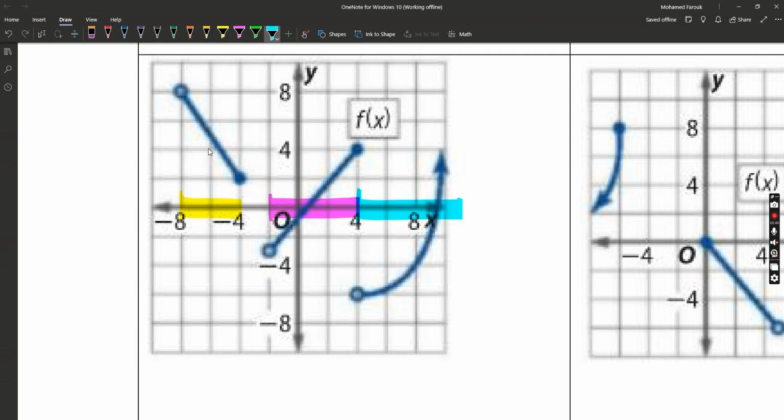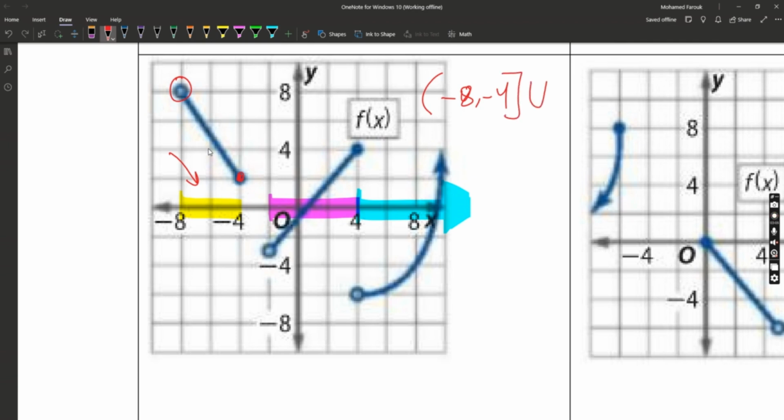If you have a slant arrow like this, it means it goes all of the way to infinity in the x direction and in the y direction. Okay, let's see how to write the domain. At first, we have this part. It's -8 and -4. -8 is empty, it's blank, so it will be a round bracket. -4 is shaded, so it will be a square bracket.